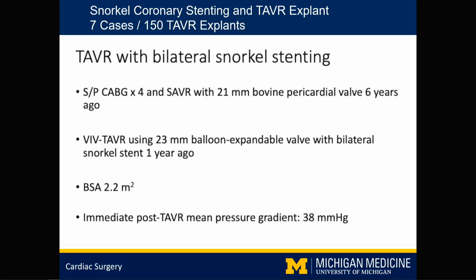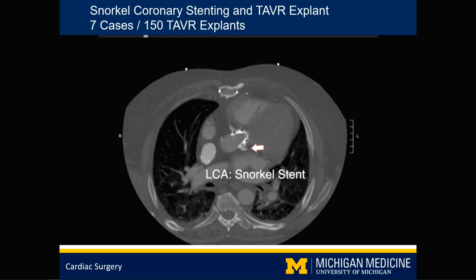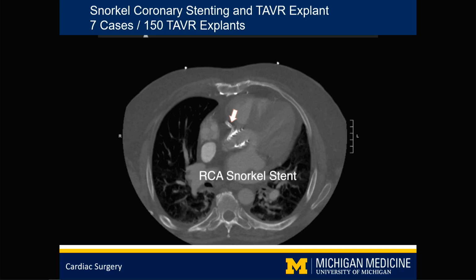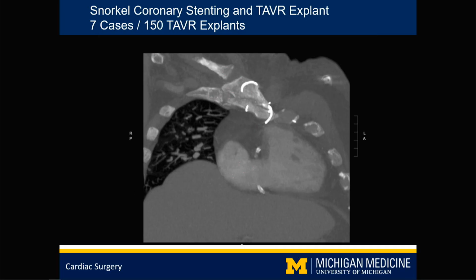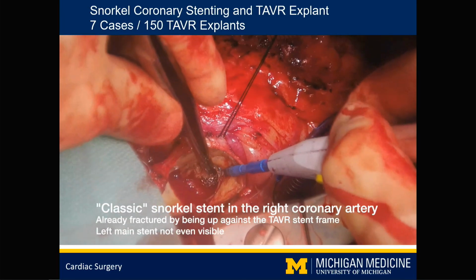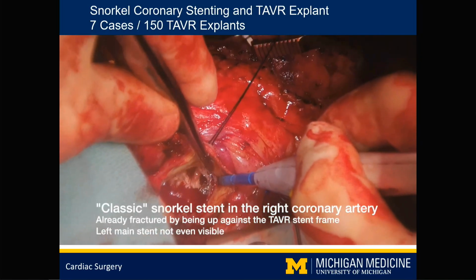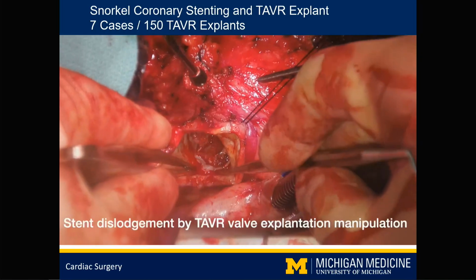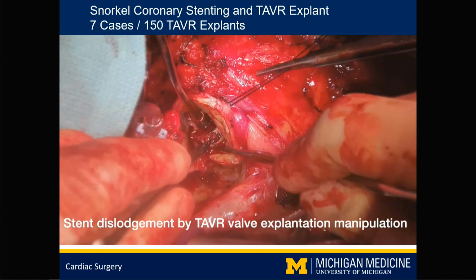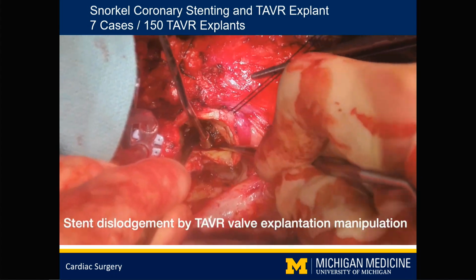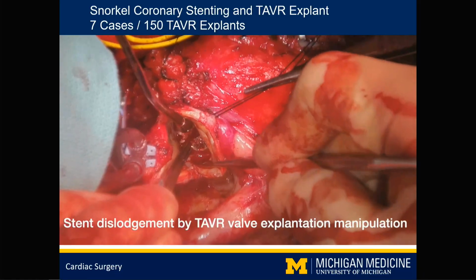So this is another case. Again, the patient is only 64 years old, but got bilateral snorkel stents and a tiny TAVR valve. This is what we typically see. Those stents are already fractured inside because of the repetitive motion of the cardiac cycle, and they are already fractured as we open.